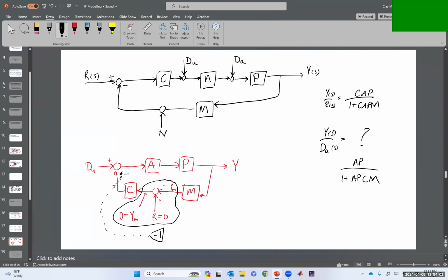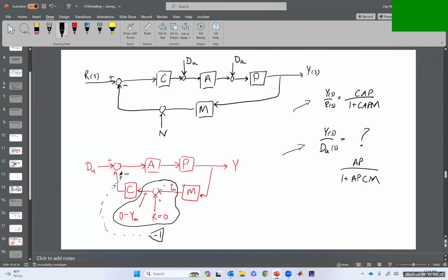What is similar between this transfer function and this transfer function? What do they have in common? Their denominators are the exact same. That is not an accident. What does that mean about their poles? They also must be the exact same.